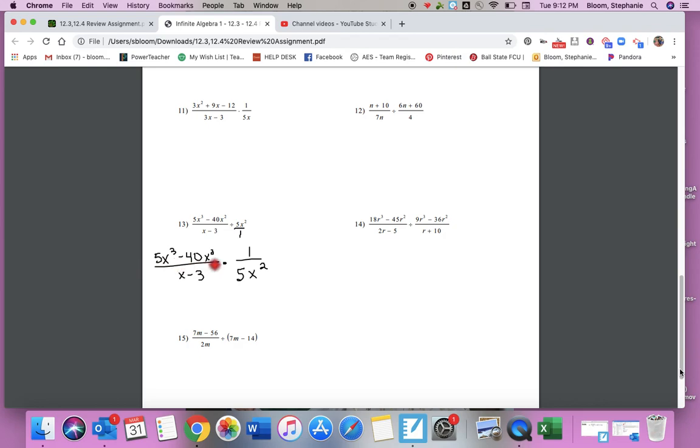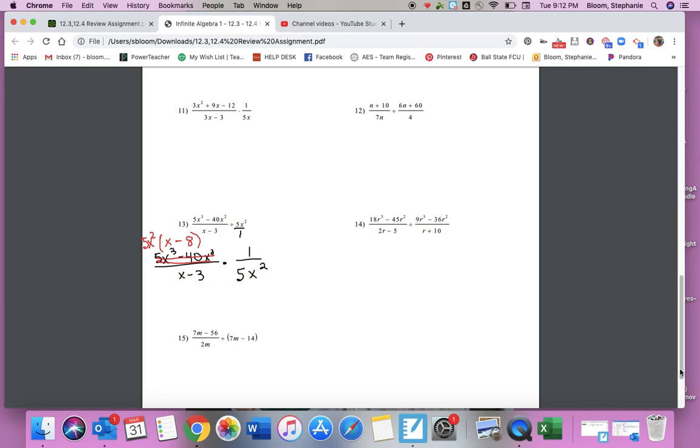And we're going to start with this numerator. And I noticed that they have some things in common. They both have a 5 in common. And then they both have at least an x squared. So we're going to take out a 5x squared from the top. And I would have an x left minus 8, okay? And then this has nothing I can take out. This is just a monomial, so there's nothing to do.